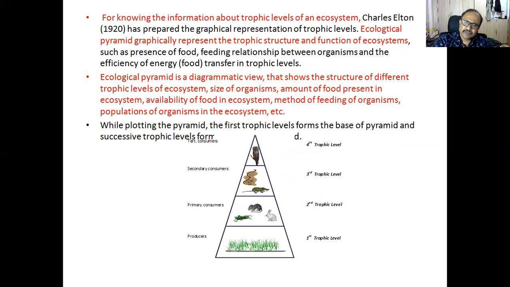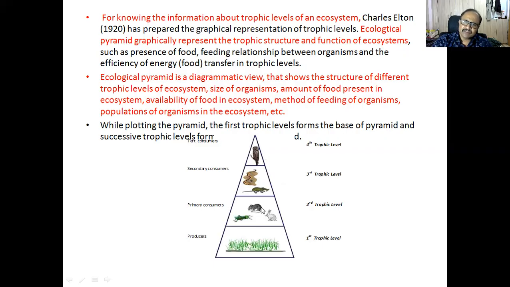Then we have taken the producer at the base and successive trophic levels form the apex. Over the first trophic level comes the second trophic level, over the second the third, over the third the fourth trophic level. Means this arrangement of the pyramid shows the feeding habitats of the organisms in the ecosystem. We have put primary consumers over the producers.